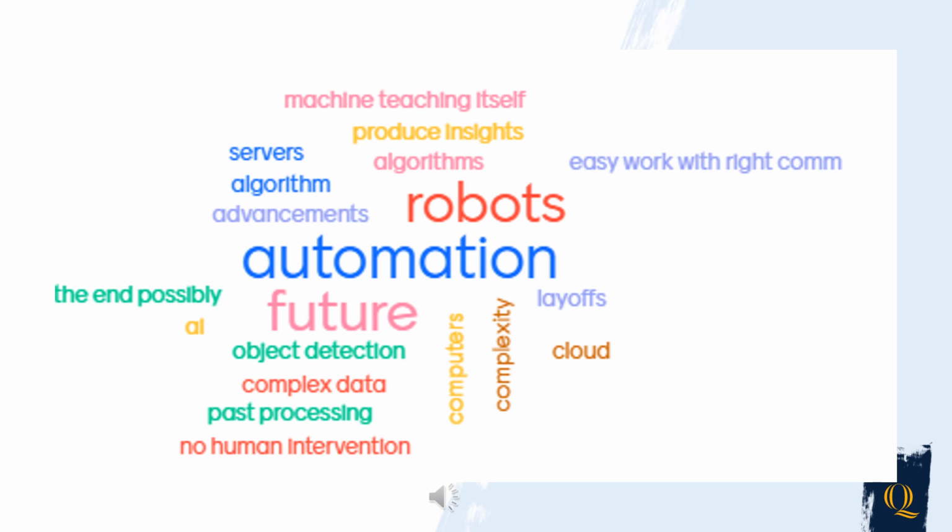Here are a few possible answers from your peers, and of course, they will be changing as there are more people that are participating in this activity. And you can see from automation to algorithm to automation, of course, is taking over repetitive tasks such as robotic process automation in factories, for example.